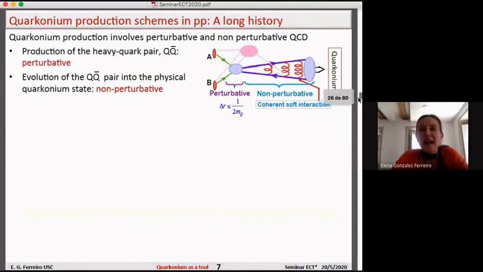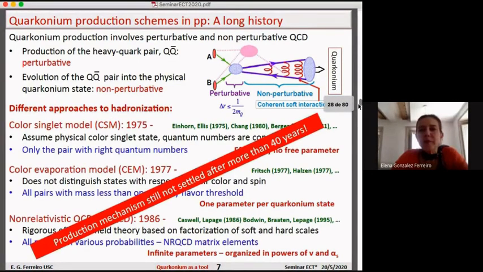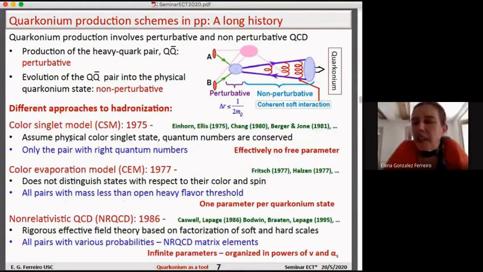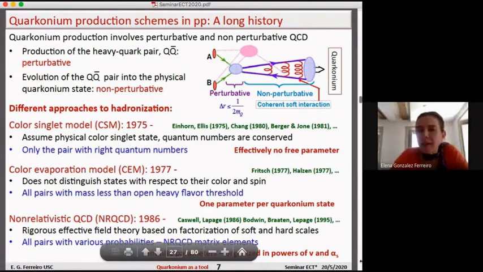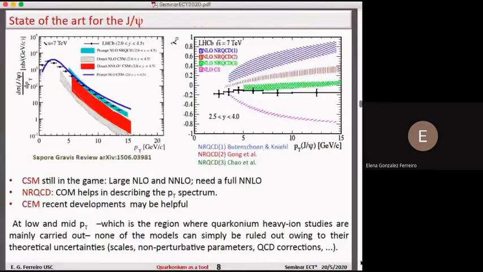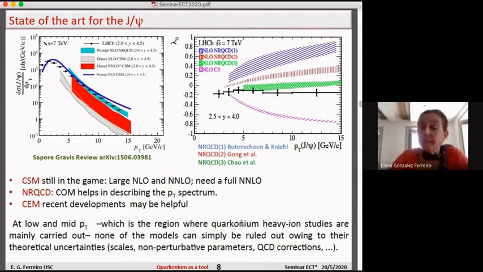You mean, for example, for the color singlet model? For the color singlet model, which I know a little bit, the parameter is the fact that in the first approach, the leading order approach, they consider a gluon giving a CC bar.